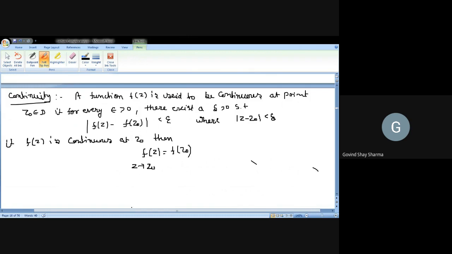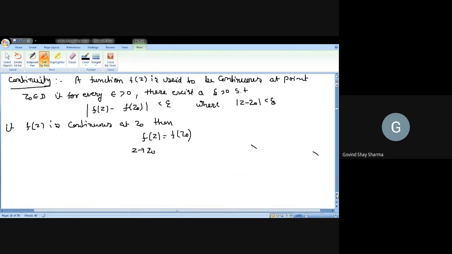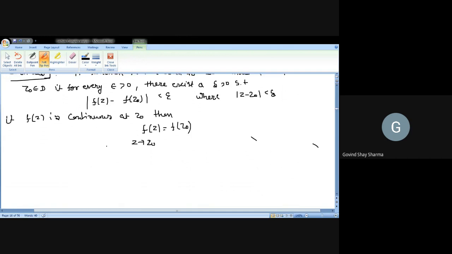Now, in continuity, we can also talk about uniform continuity and differentiability. Let w = f(z) be a function of z.